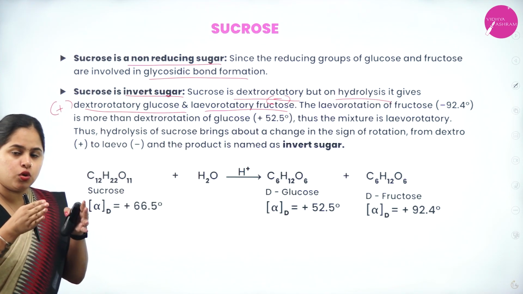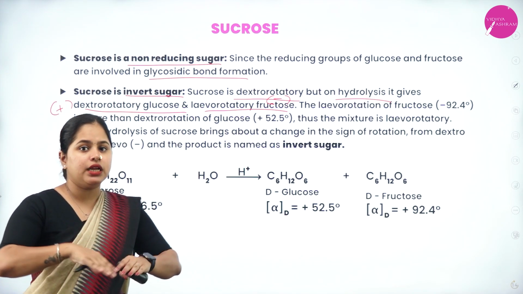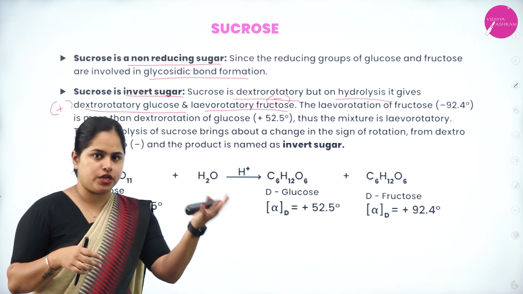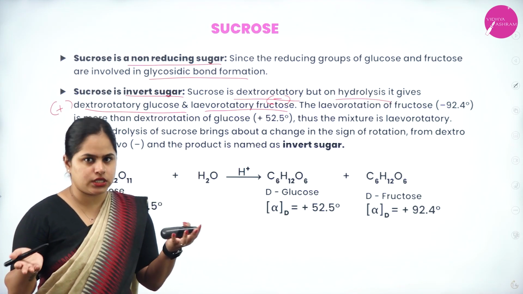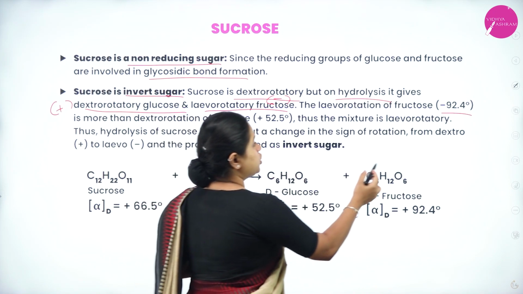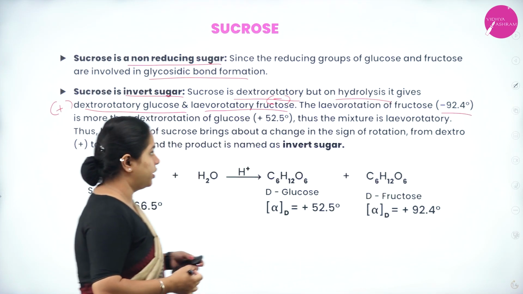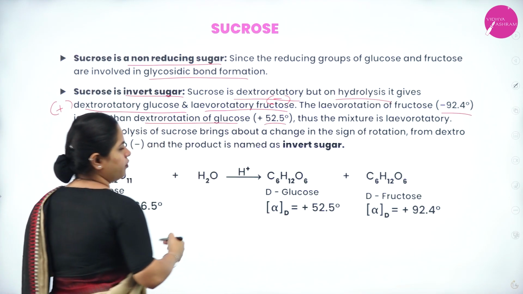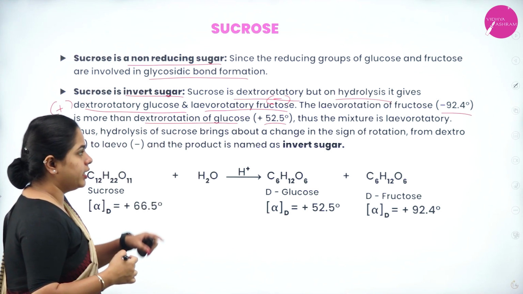The levo-rotation of fructose is minus 92.4 degree, and it is more than the dextro-rotation of glucose, which is 52.5 degree only. Thus, the mixture is levorotatory.